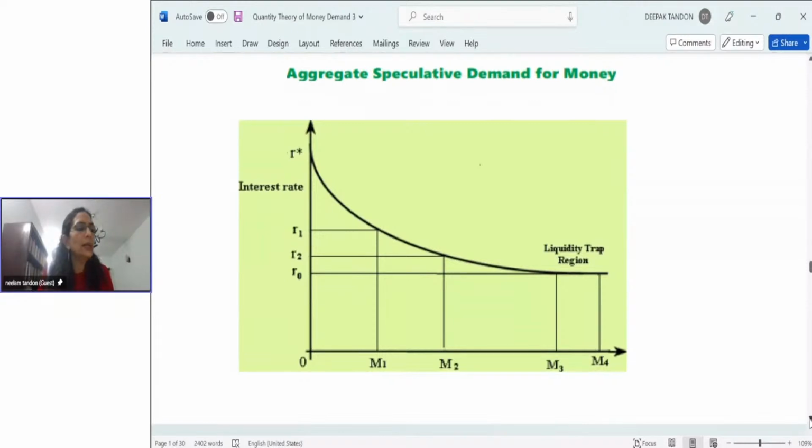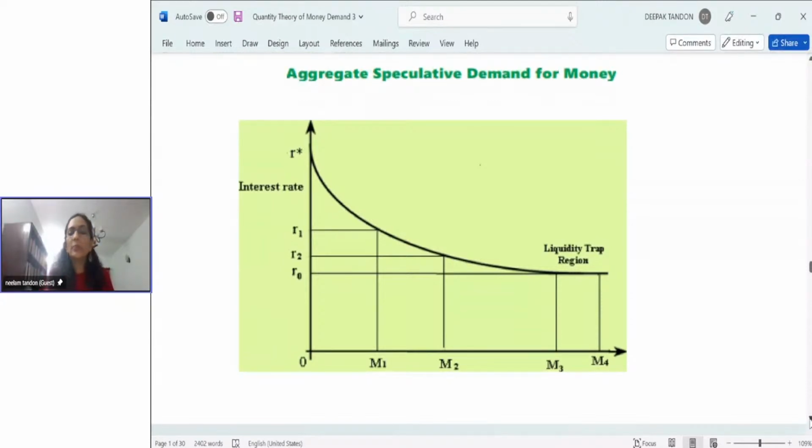People's sentiments were that the economy is not going to recover, and the US economy is in such a scenario that it will not recover. People lost all trust and faith, and the transactive demand for money decreased. Precautionary demand for money increased to that extent that people were not willing to spend at all.